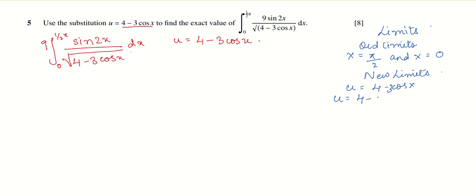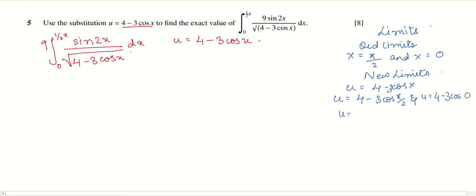So 4 minus 3 cos π/2 and u equals 4 minus 3 cos 0. So this is going to be u equals 4 and u equals 1. These are our new limits.